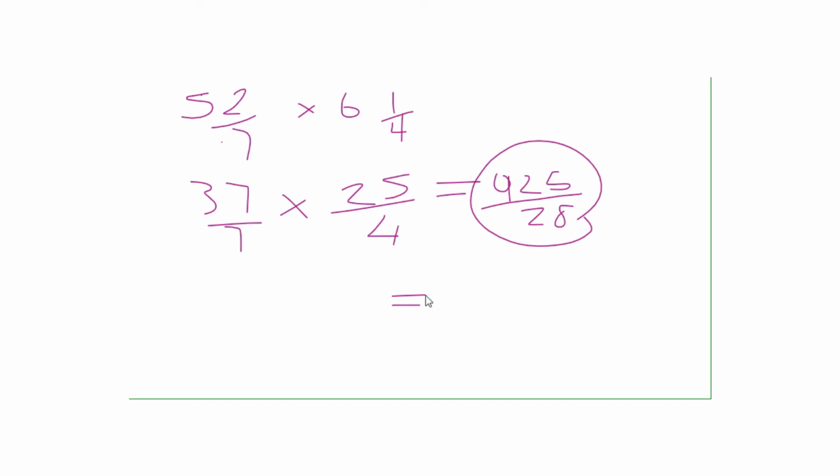So that 28 into 925 goes 33. And remember that we keep the 28, and remainder 1. So the answer is 33 and 1 over 28.